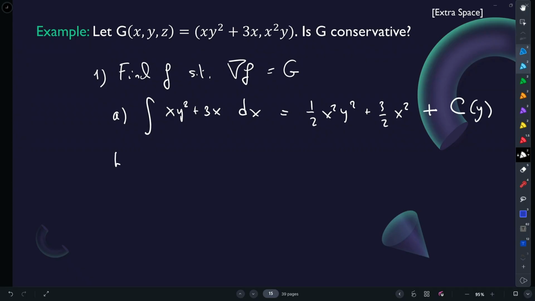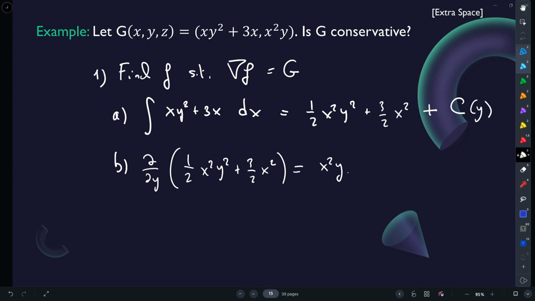Then you take that whole thing and take the partial with respect to y of what you got above, and with respect to y, I get also x squared y plus this, and this has to be equal to the second component.